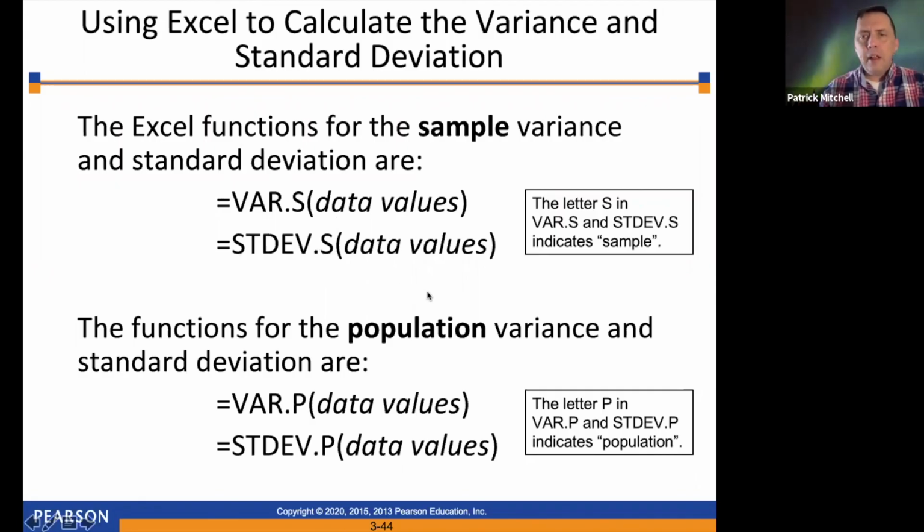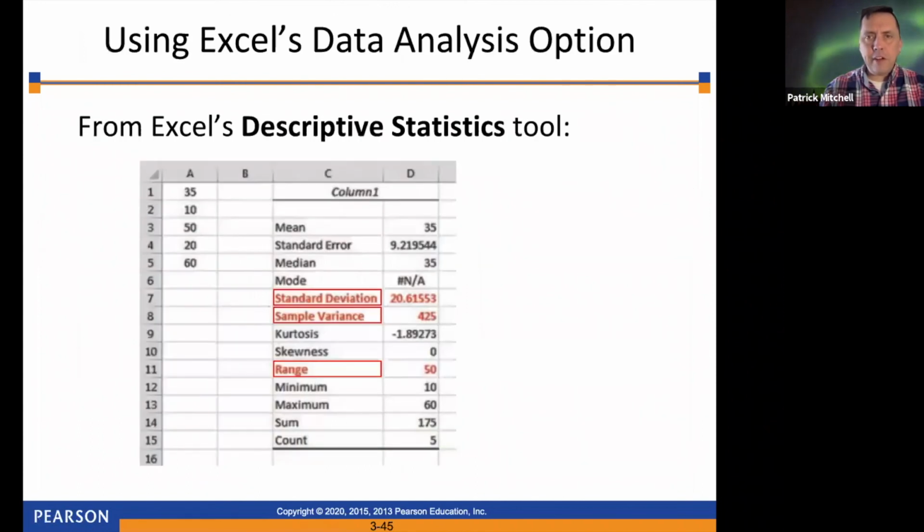And in the less likely event that you're looking for the population variance and standard deviation, you would just put a P instead of an S. And the other way that you can find variance and standard deviation is by using the descriptive statistics tool. The descriptive statistics tool gives you a whole bunch of statistics, and among them are the standard deviation and the variance and also the range.